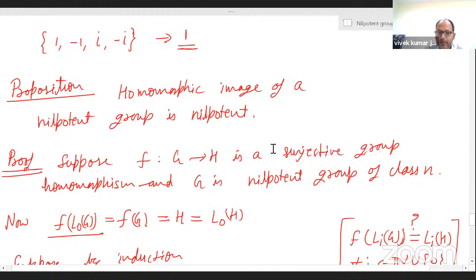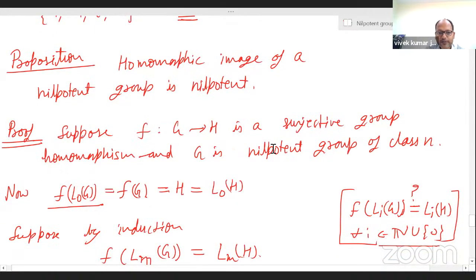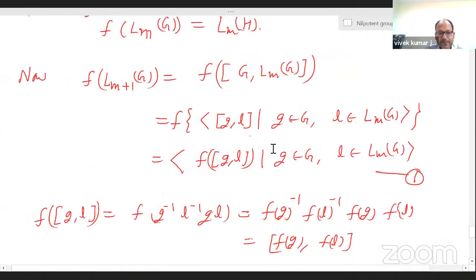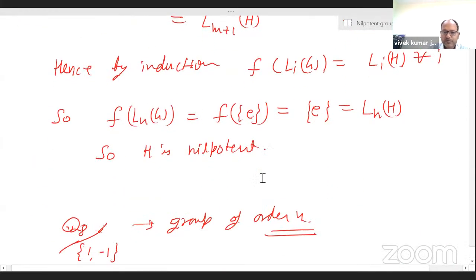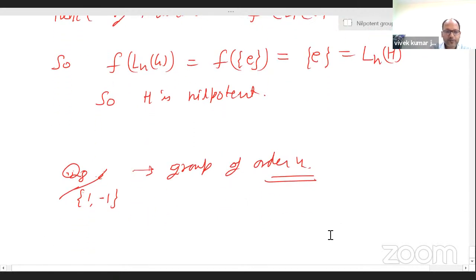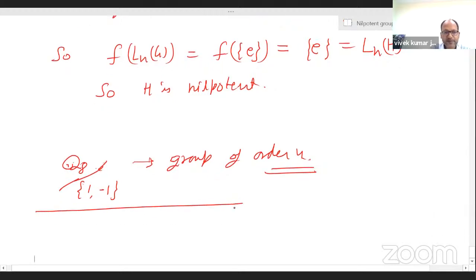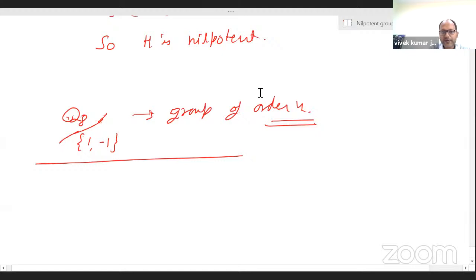A homomorphic image of a nilpotent group is nilpotent. We have also done it. So I think there is no problem till now. If you have any problem up to now, then you may ask, or we may proceed.